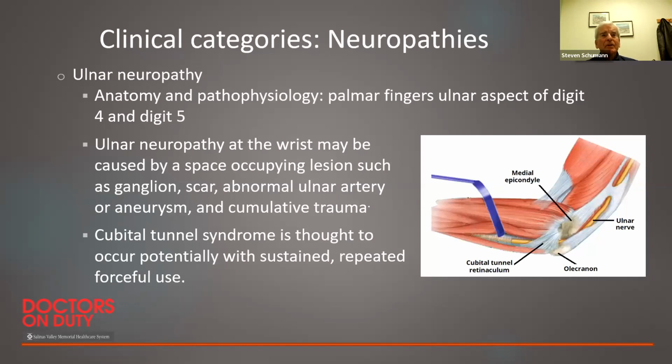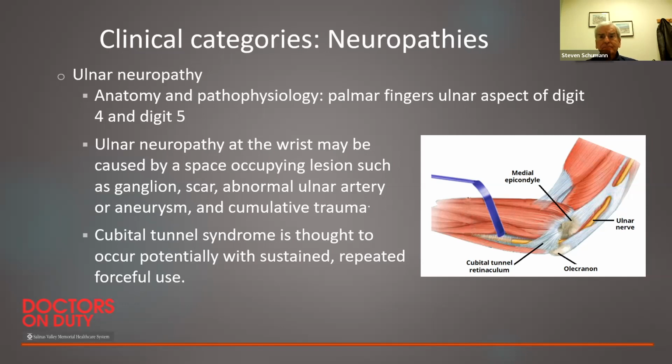So neuropathies, the other neuropathy besides carpal tunnel is ulnar neuropathy. It involves the ulnar nerve, which passes posteriorly in the anatomic position and then distally to the medial epicondyle.